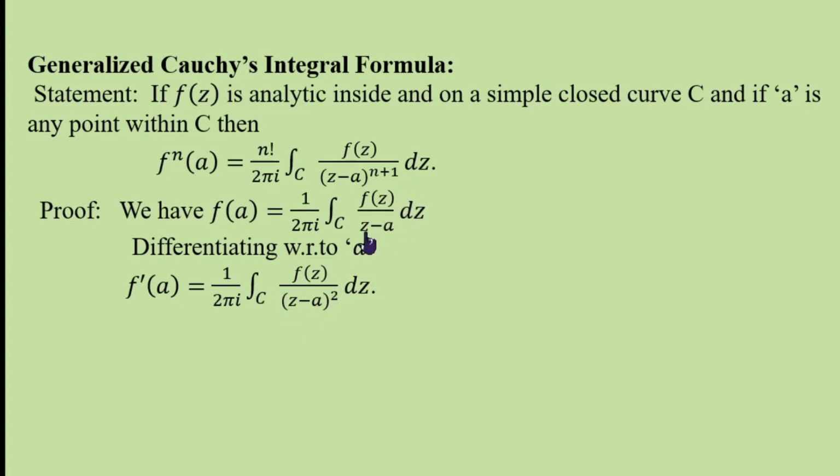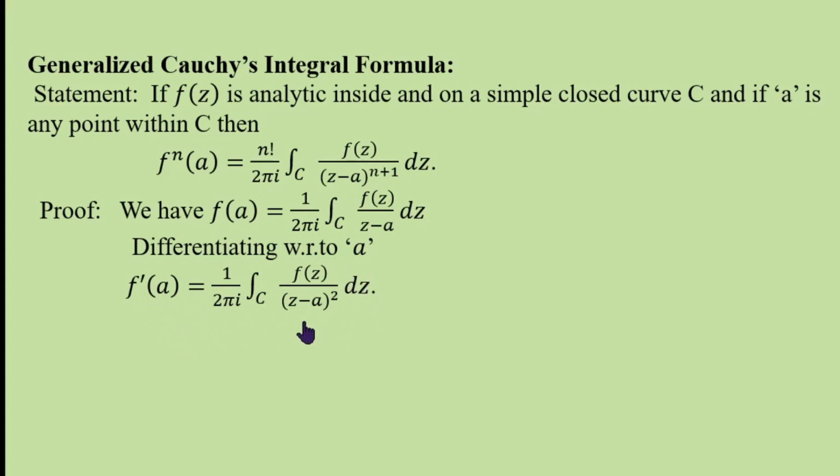See, the derivative of 1 by z minus a with respect to a is minus 1 by z minus a whole square into the derivative of minus a, which is minus 1. Therefore plus 1 by z minus a whole square. So f dash a is 1 by 2 pi i into the integral over C of f of z by z minus a whole square dz. Now again differentiate with respect to a.